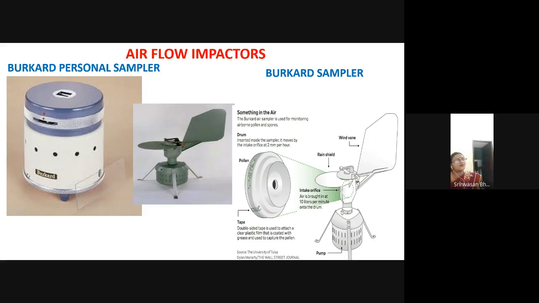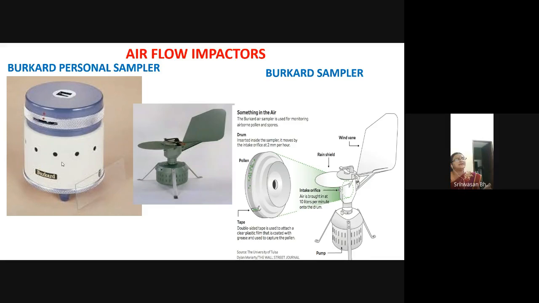At the base of the sampler, there is an on-off switch, and this is mostly operated indoor and outdoor. This is the inlet where the air is sucked. It is battery operated, with a rechargeable nickel cadmium battery. Once you recharge the battery, it can run continuously for 1.5 hours.